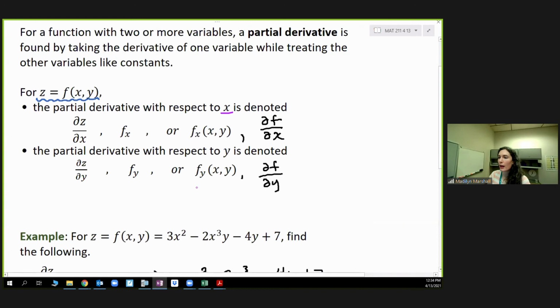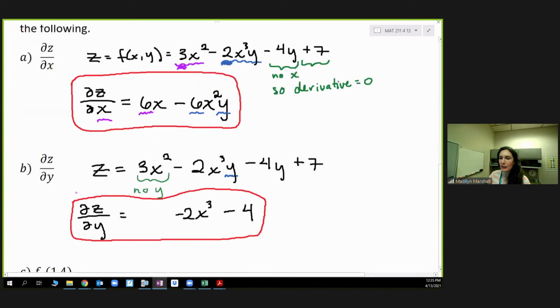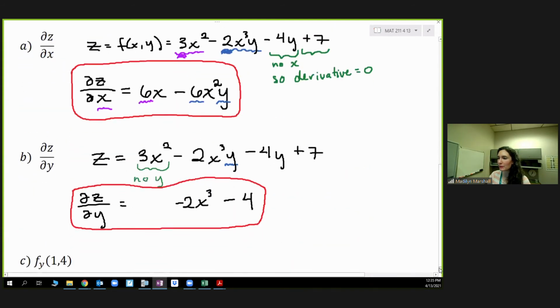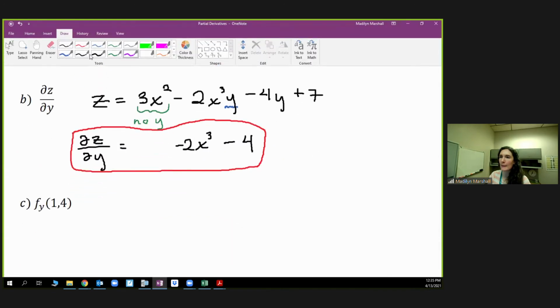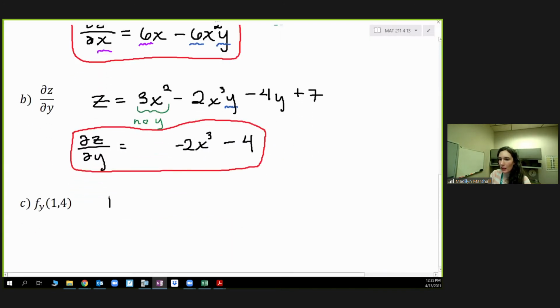So f sub y of xy is the same thing as dz dy, the derivative with respect to y. So we already actually found dz dy in part B. So that means we also know that f sub y of xy, without plugging anything in just yet, is the same thing as we found in the previous step.